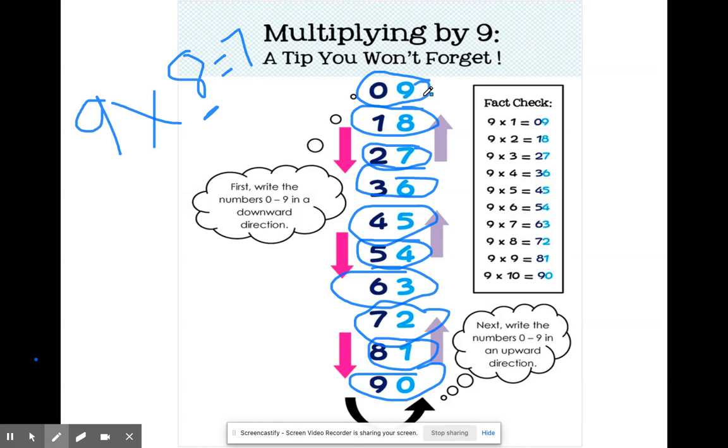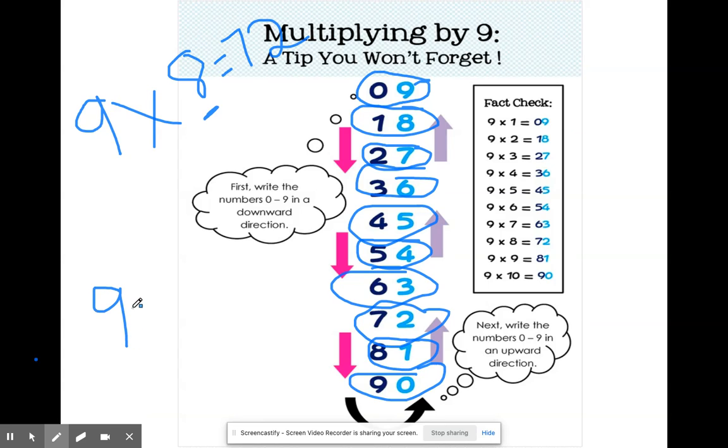Then, since we know that if you add the 2 digits together for the 9s products, you get 9, we have to think to ourselves, what plus 7 equals 9? 2, that's 72.